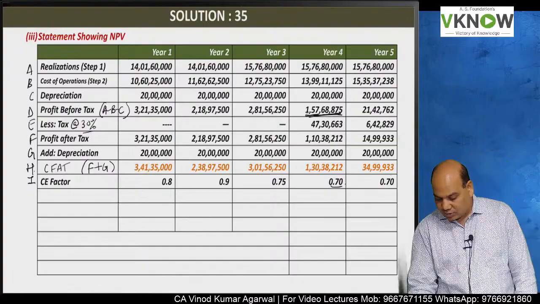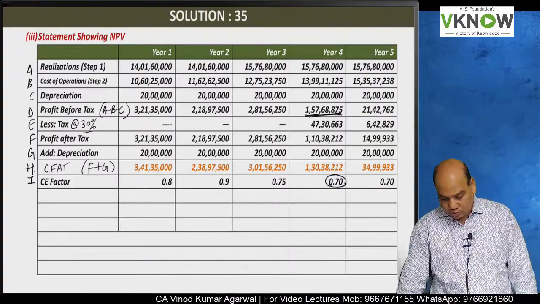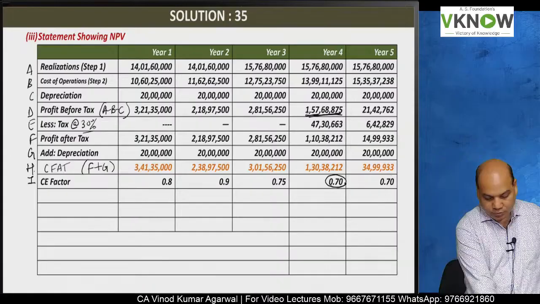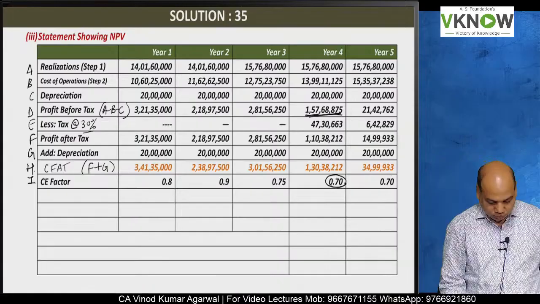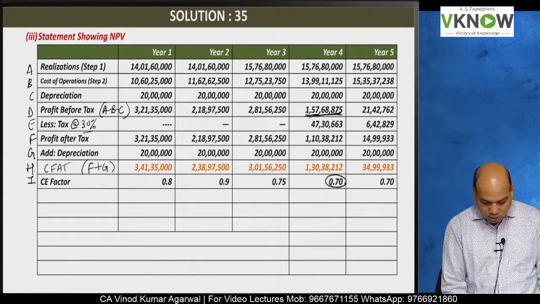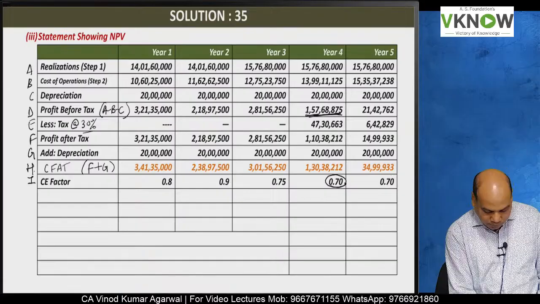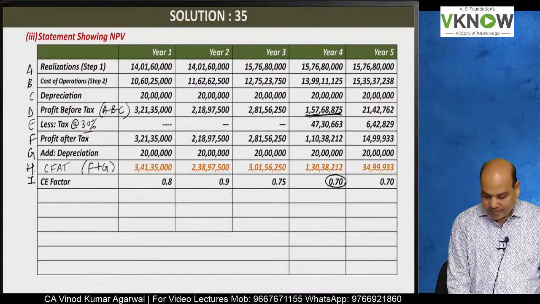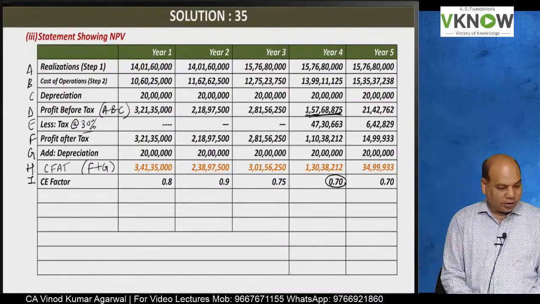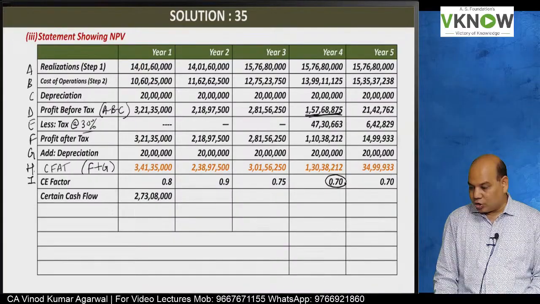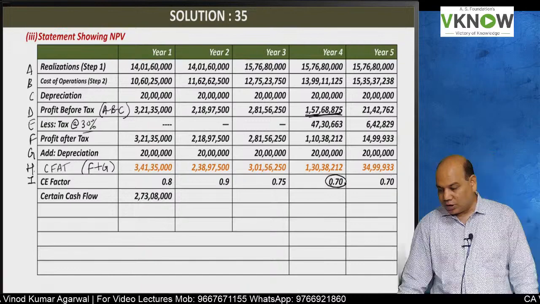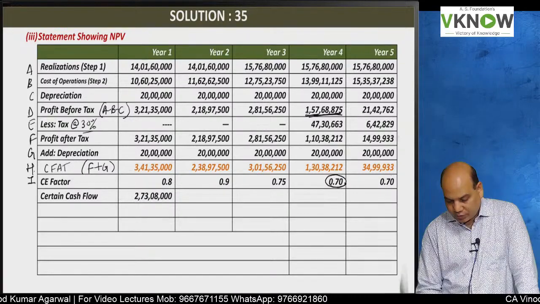There may be some typing mistake in your book, you can rectify. And after that you multiply CF80 with the certainty equivalent factor, you will get certain cash flow.